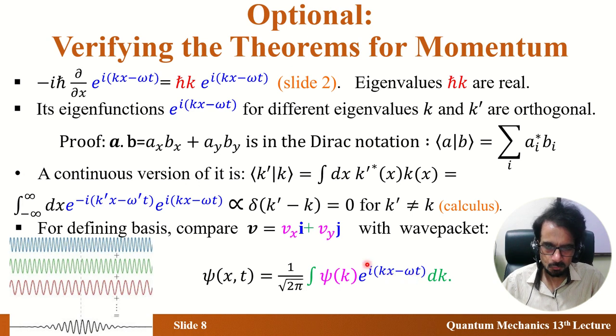So nothing new. The only thing is that I've indicated that the result, wave packet or Fourier transform, is a verification of the third theorem of this lecture for the case when the Hermitian operator is momentum.